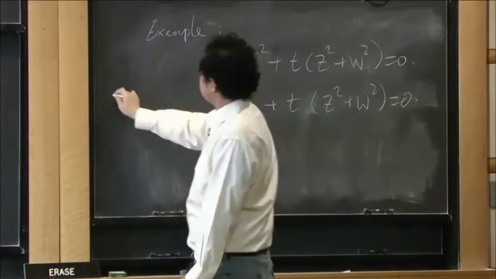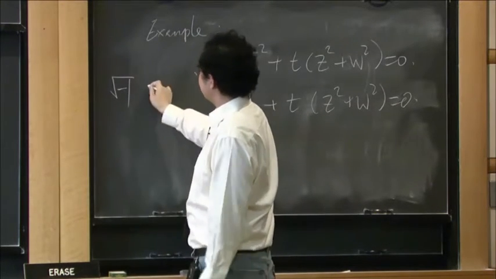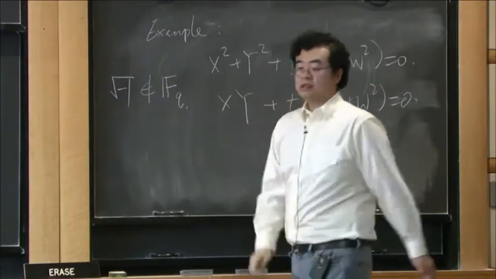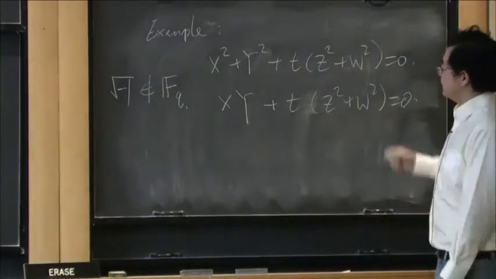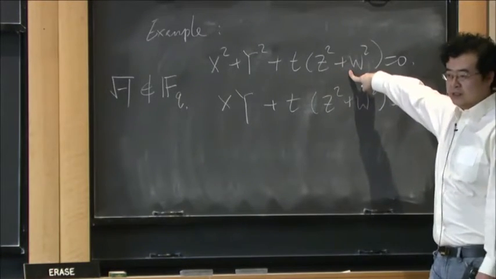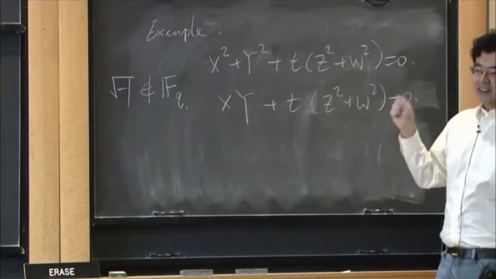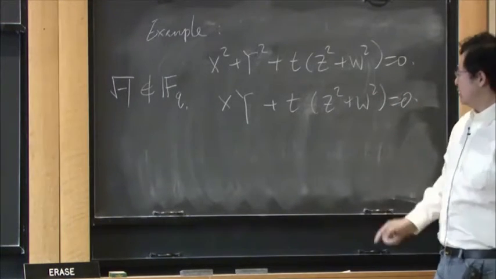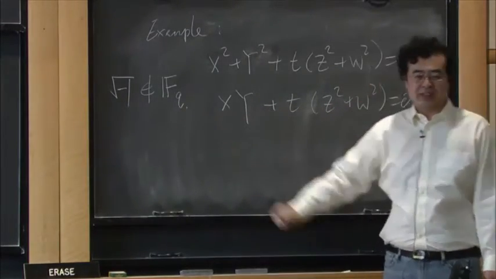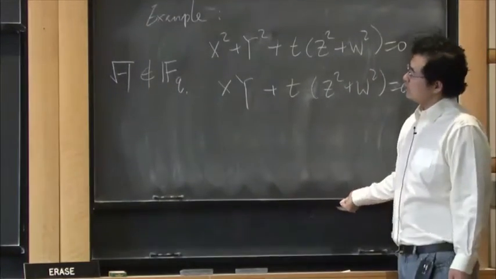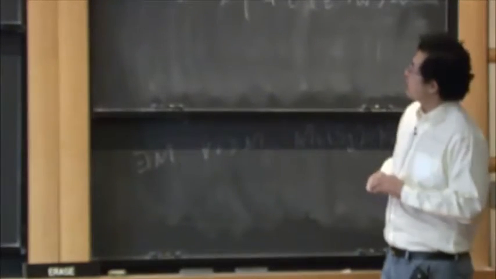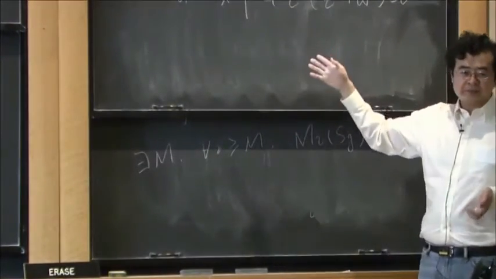I'm going to assume that the square root of -1 is not in the base field. With this assumption, you can see that the first equation has no solution, essentially because it has no formal section at t equals 0. And of course, the second one always has a solution. It doesn't matter what kind of hypothesis you put here. But if you base change to F_q bar, these 2 families will look the same.